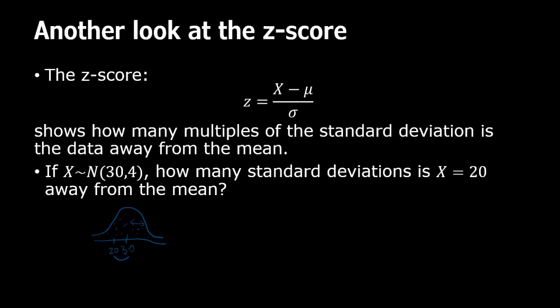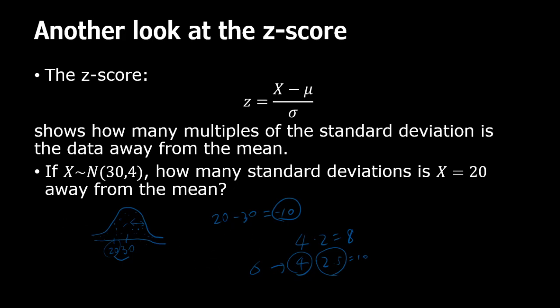If you do 20 minus 30, you get negative 10, so 20 is 10 less than 30. Since 4 times 2 is 8 and 4 times 2.5 is 10, and 4 is the standard deviation sigma, this distance, negative 10, is 2.5 times sigma. So you can say that 20 is 2.5 standard deviations lower than the mean value.